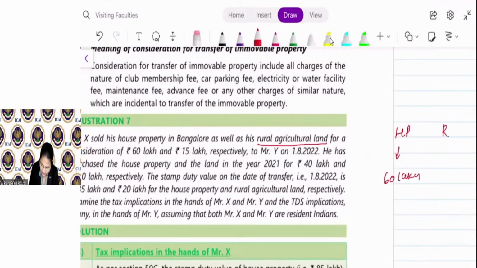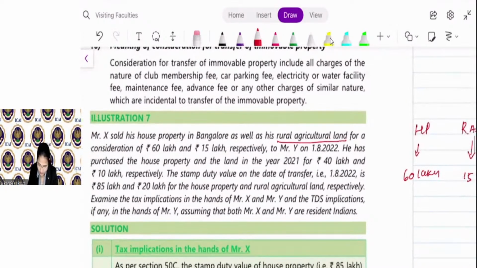And for rural agricultural land, the consideration is 15 lakh, the sale price, to Mr. Y on 1st August 22. He has purchased the house property and land in the year 21 for 40 lakh and 10 lakh respectively.